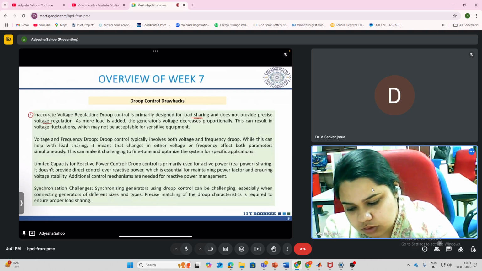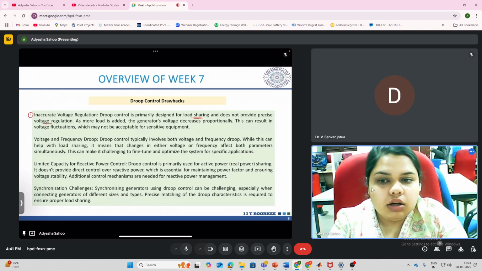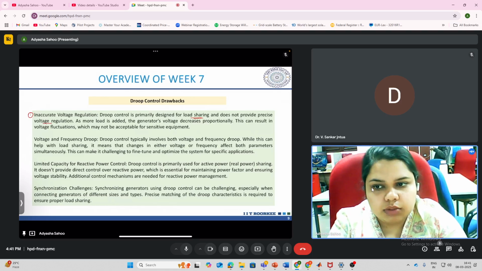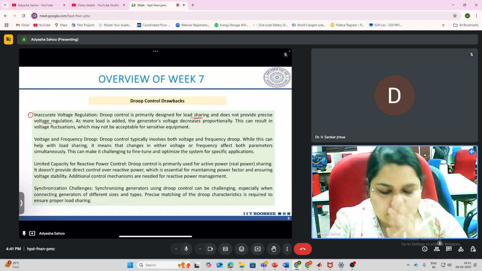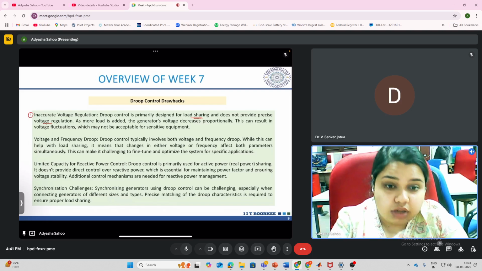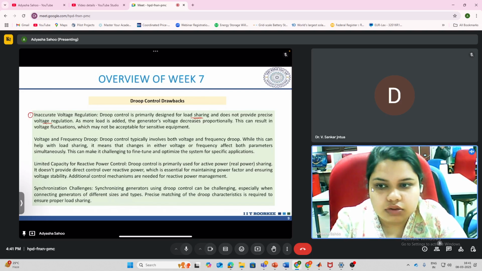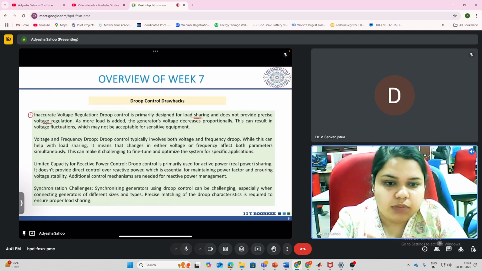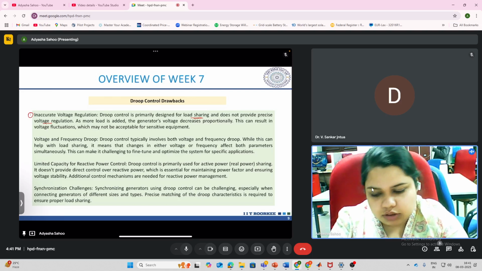In case of external disturbances, you cannot regulate the voltages using this droop control in an effective manner. What happens mostly is that the voltage will fall below the limits or go beyond the upper limit, and hence it may damage the equipment.